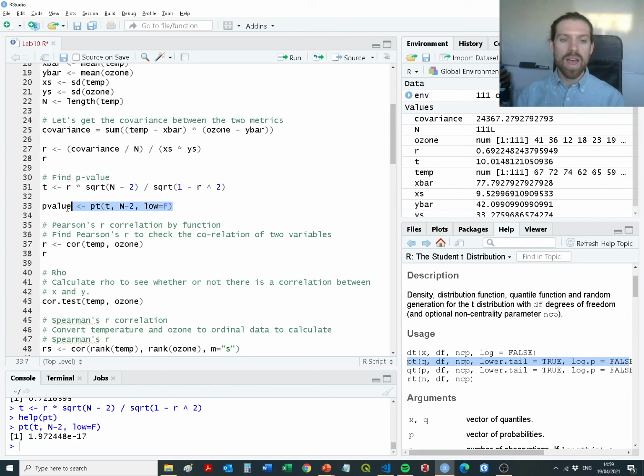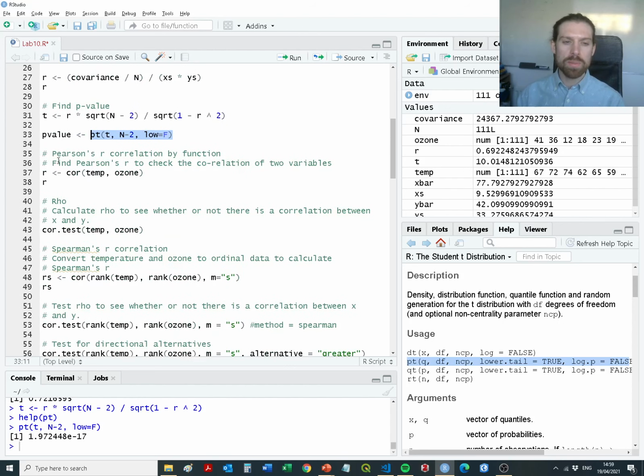But we get a very, very highly significant p-value, and it's very, very small, so it's 1.97 times 10 to the minus 17. So it's incredibly small, highly significant, and what this is saying is that there is a significant relationship here between these two variables, okay? So that was the manual way for us to actually produce it.